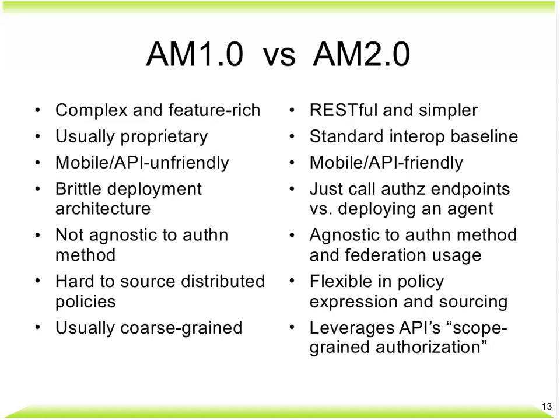We need to be prepared for these models. It turns out that handling authorization functionality can be done just like we do with a lot of other things. You call an endpoint. You get provisioned with the endpoint, and you can go to it, and you don't necessarily have to put in place an architecture that's very disruptive. Just like OAuth, UMA is agnostic as to authentication method and whether you've got federated authentication happening, which is great.